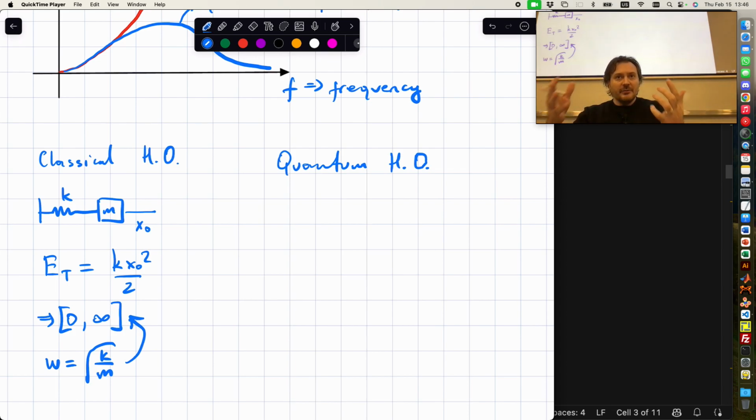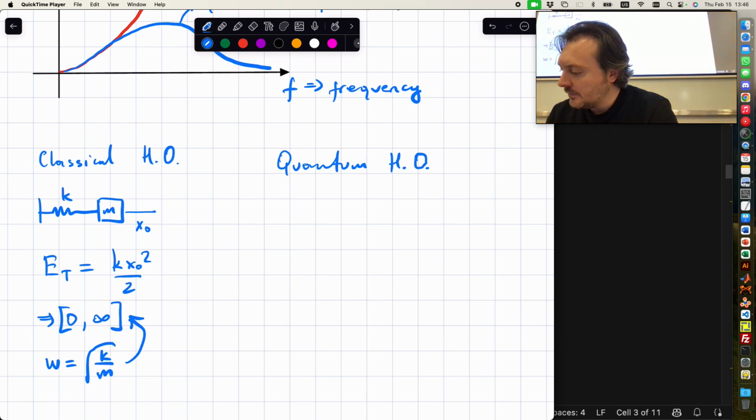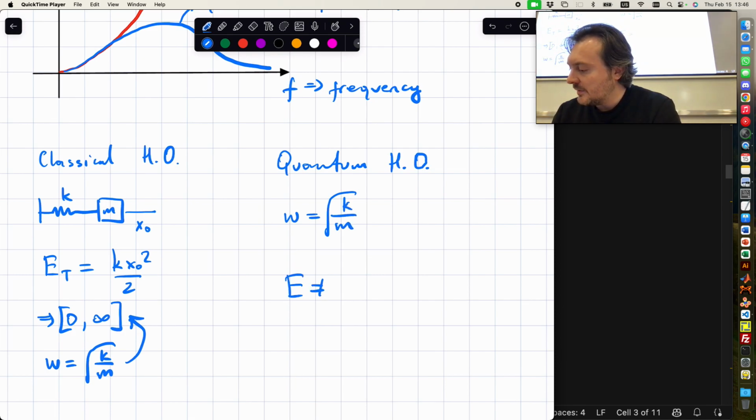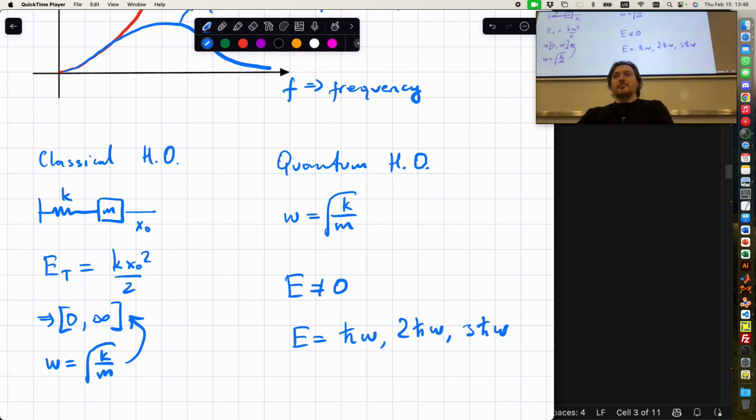As much energy as you want, you can put in an oscillator. Quantum mechanically, the story is different. Omega is still square root k over m, but energy cannot be 0. Okay? Energy can be only h bar times omega, 2 h bar times omega, 3 h bar times omega, etc. Are you with me? Yes?